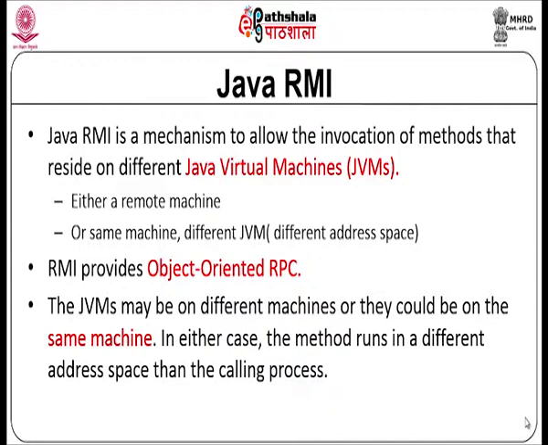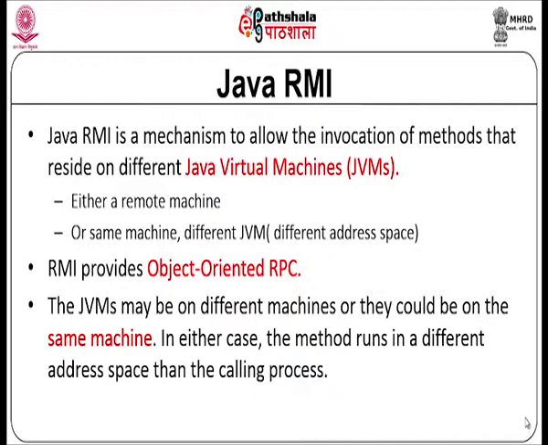Either the remote object resides on a remote machine, or it can be on the same machine but in a different JVM, which means it is running in a different address space. RMI provides an object oriented remote procedure call mechanism.